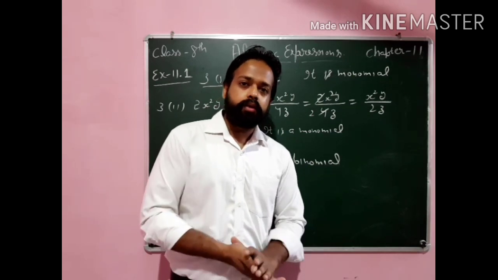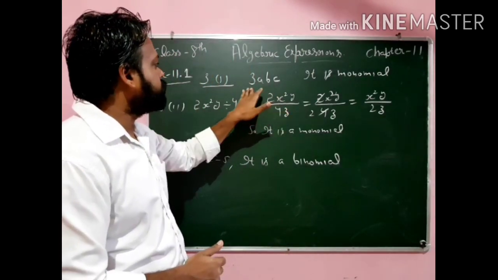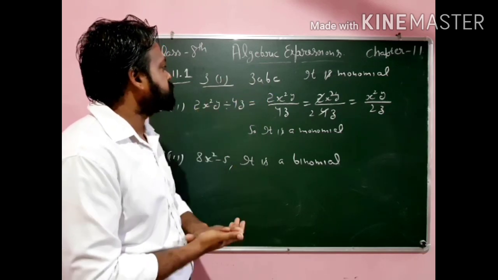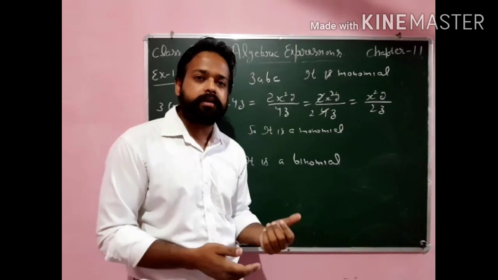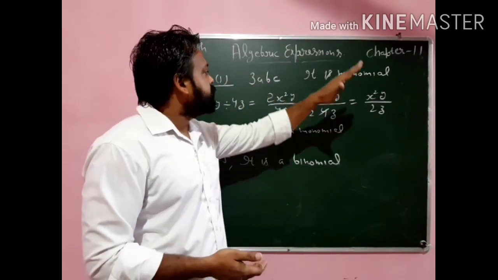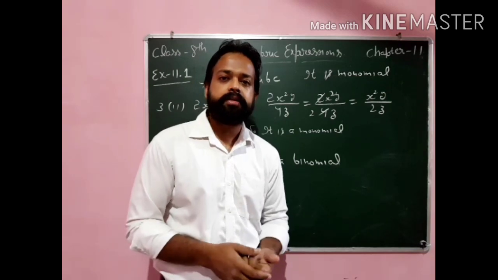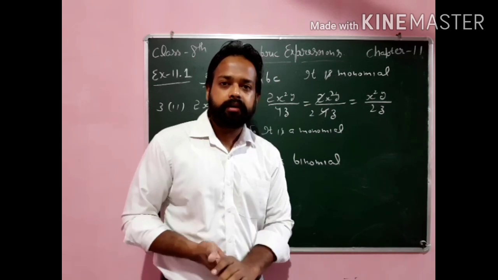Okay, so in the first part of the third sum you can see that 3abc is the only polynomial given to us. Here you can see it is only a single term because there is no other term. I already explained that only the plus and minus signs separate the number of terms.